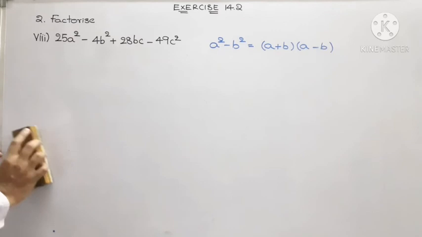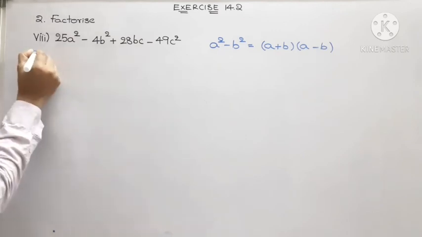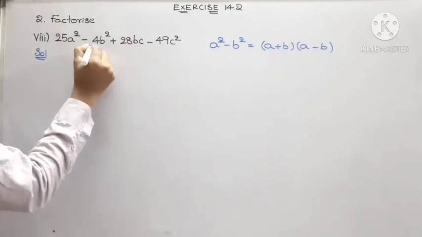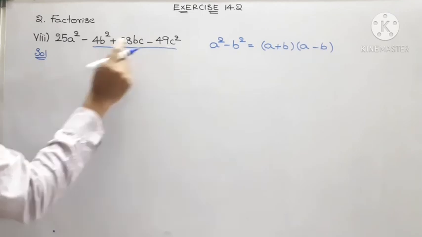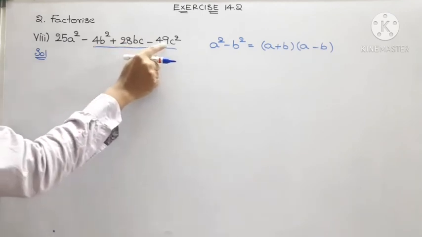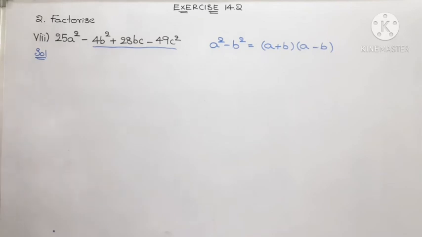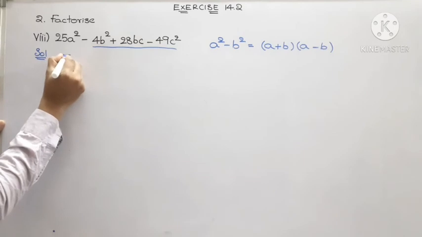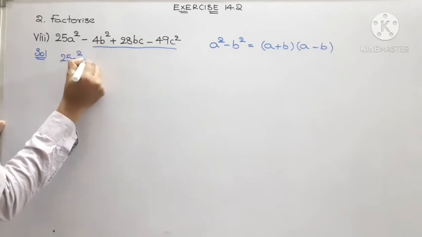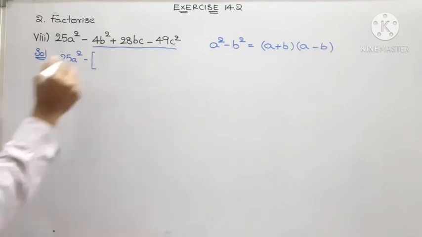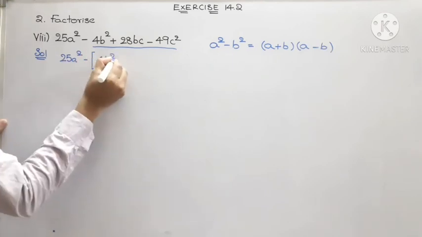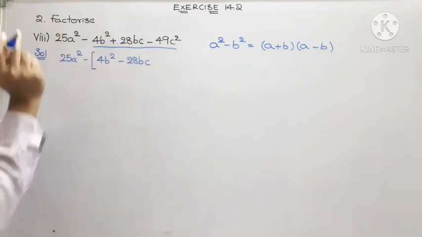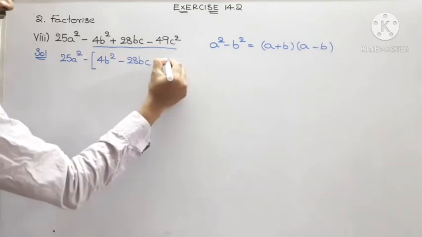Okay, so look at the solution. As there is a variety of terms, try to observe these three terms: 4b square plus 28bc minus 49c square. Now look. 25a square, let us take minus common: 4b square minus 28bc, because minus into minus gives us plus, and plus 49c square.